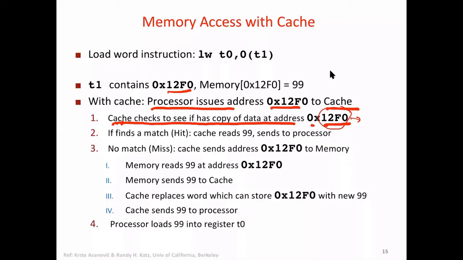If it is there, then there is a hit, and the cache will read 99, because 99 is the content of this location which was brought to the cache, and then send this to the processor.